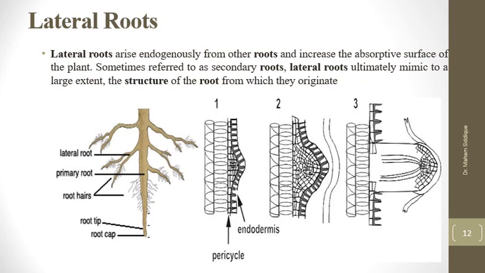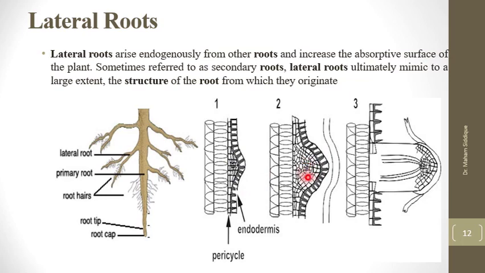The method of formation of lateral roots in higher plants is: a few mature cells of pericycle, usually opposite to the protoxylem group, become meristematic and go on dividing periclinally and anticlinally.